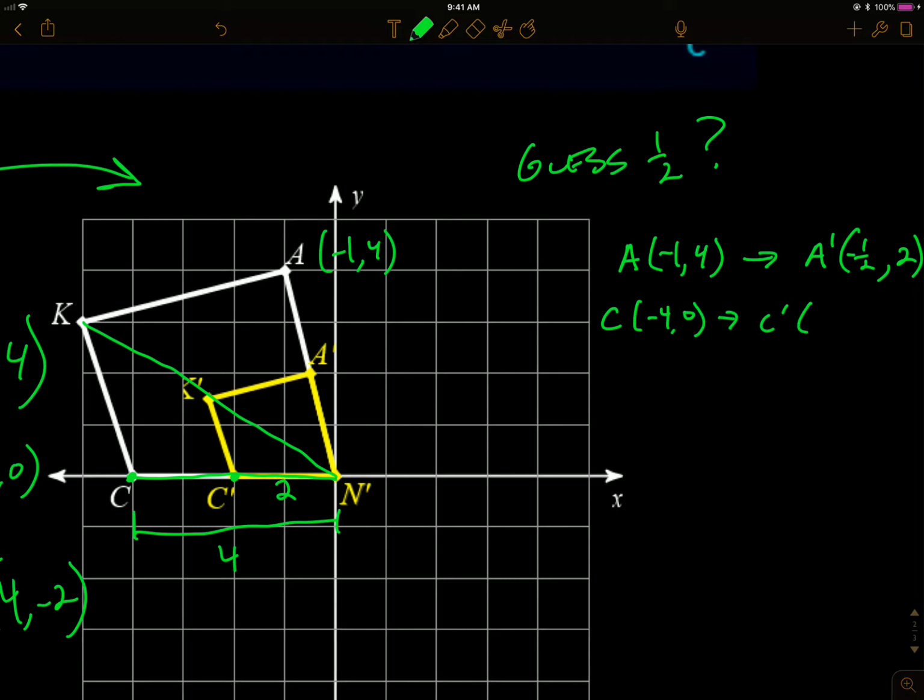And C prime seems to be negative 2, 0. And then K looks like it is 1, 2, 3, 4, 5, negative 5, up 3. And K prime looks like negative 2.5, and then 1.5.